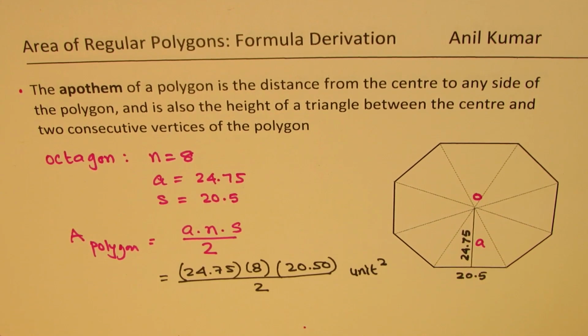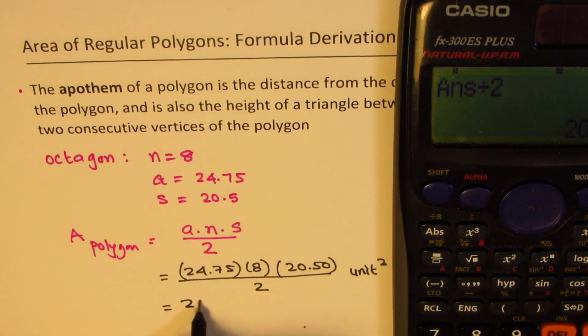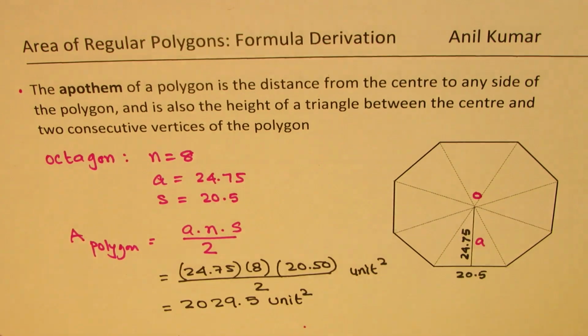So let's do the calculation now. We have 24.75 times 8 times 20.5, and we are going to divide this by 2, to write our answer in decimals, as equal to 29.5 unit square. Is that clear? So that is how you are going to find the area of a polygon.